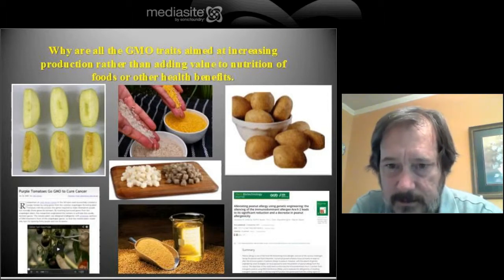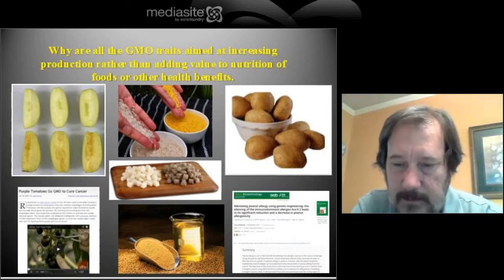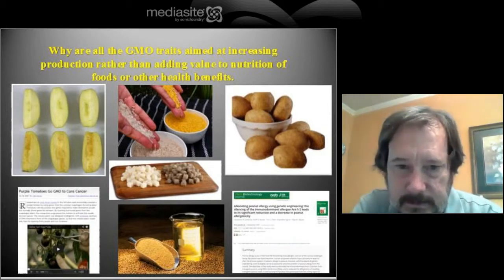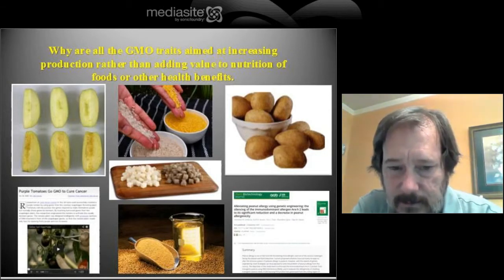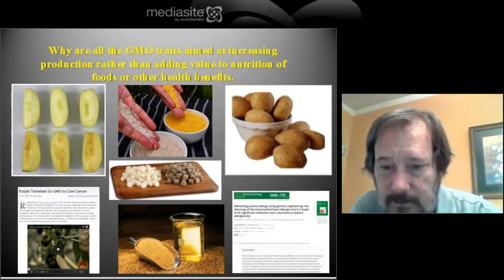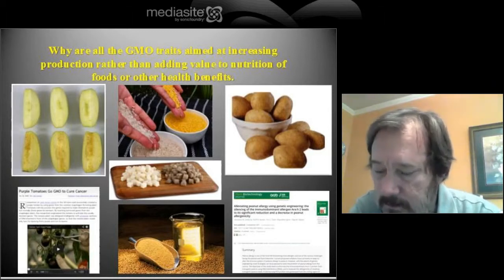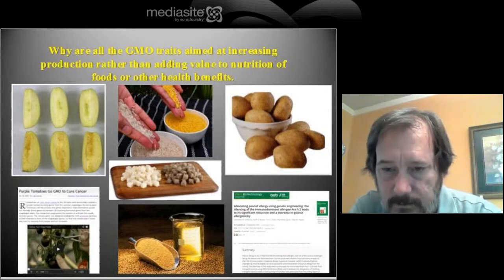In the middle there you have the innate potatoes. On the bottom left you have the high antioxidant purple tomatoes. You have the high omega-3, or improved fatty acid profile, soybeans in the bottom middle, and on the bottom right we're talking about reduced allergen peanuts.